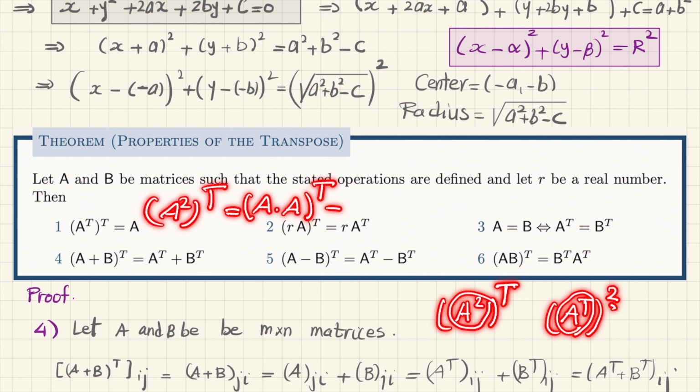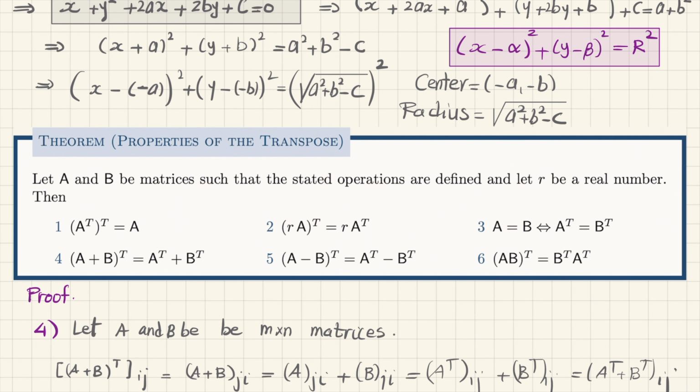But this means I have to do it from the right to the left. But here both of them are the same. So it becomes A transpose. This A that you see here is the second A, but who cares. Then A transpose. Now you see the same matrix multiplied by itself 2 times. So this becomes A transpose to power 2. So it means that you can interchange the role of transpose and powers.